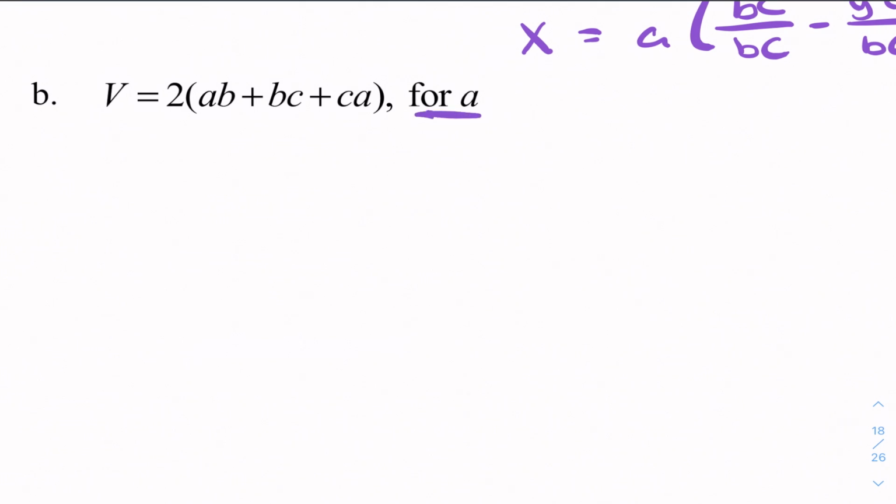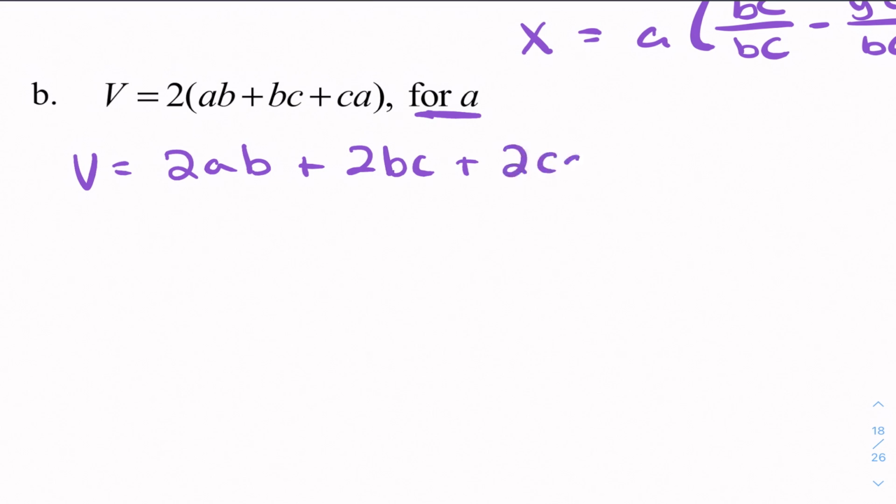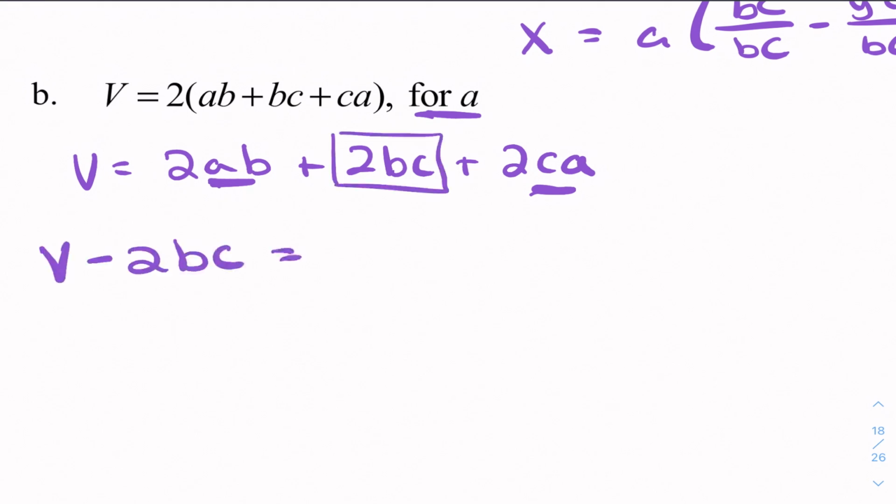So the first thing that I would do here is distribute that 2 to all of the terms inside the parentheses, BC plus 2CA. Then whatever has an A is going to stay on one side. Whatever it doesn't, we're going to subtract on the other side. So V minus 2BC is equal to 2AB plus 2CA.